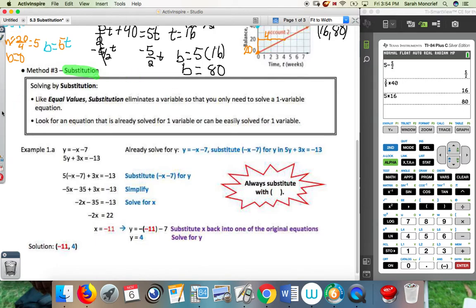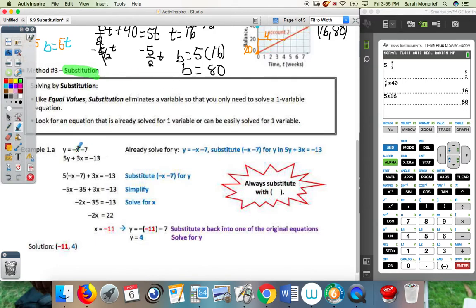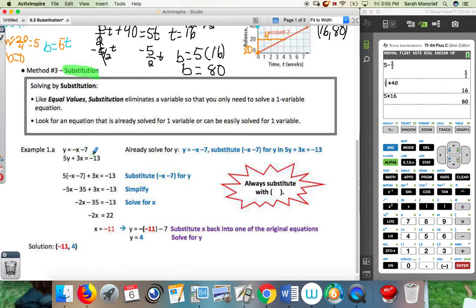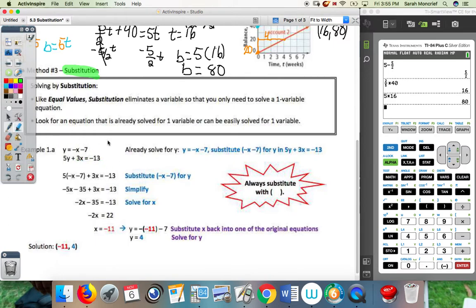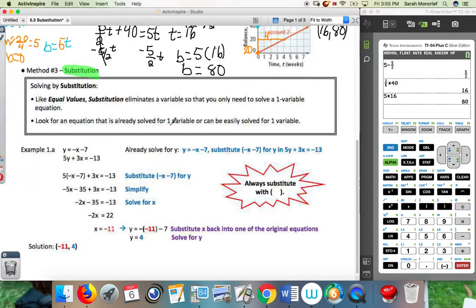We were given y is equal to negative x minus 7, and 5y plus 3x is equal to negative 13. When it says look for an equation that is already solved for one variable or can easily be solved, what it means is, let's see if we have one equation that already has just one variable all by its lonesome.